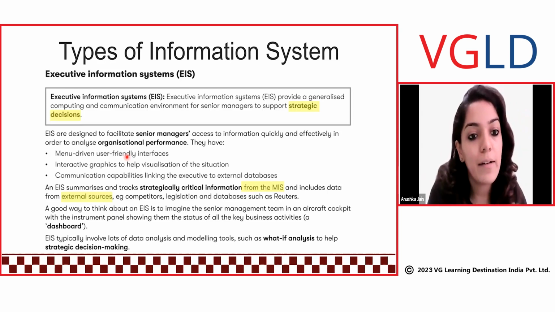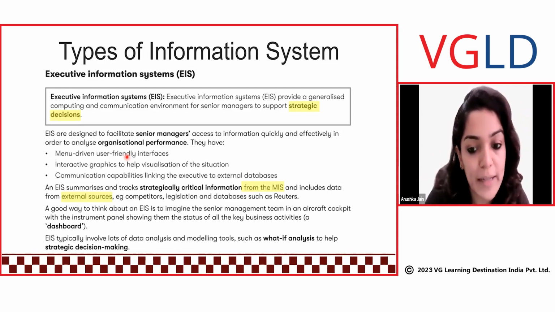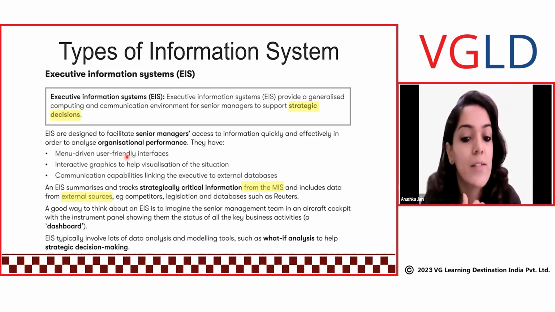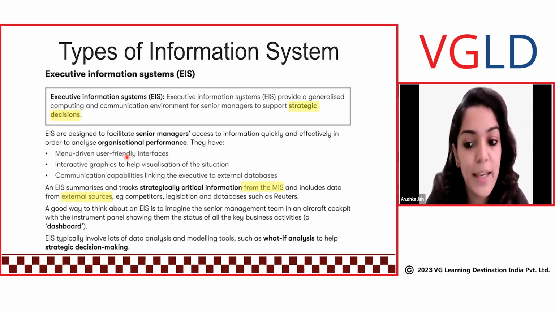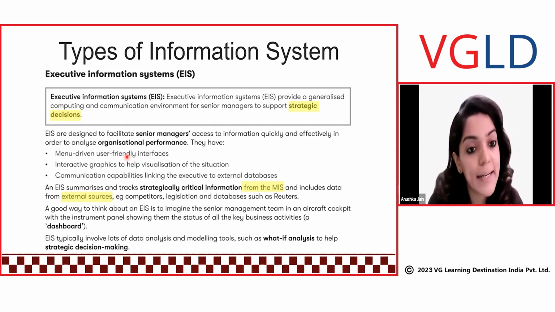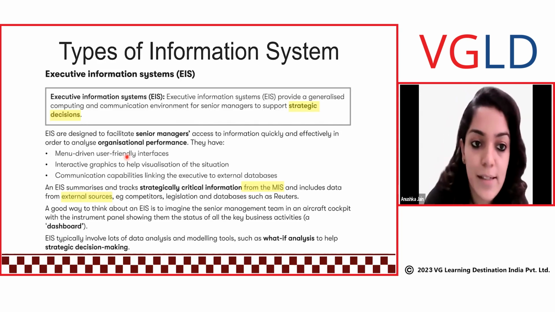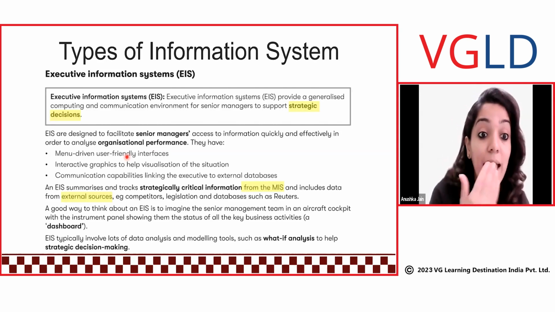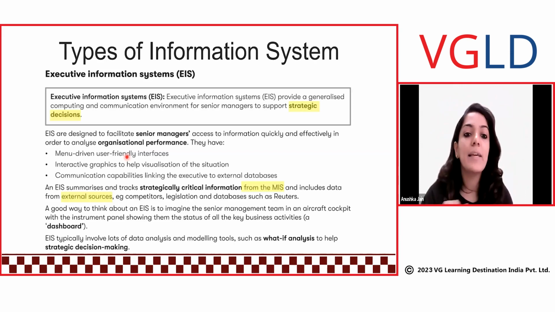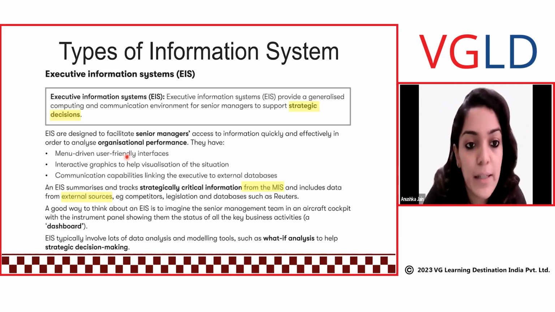They can take any action they want on the basis of it. The instrument panel shows them the status of all key business activities. The dashboards will be there, waterfall charts, bar diagrams. So it will be very data appealing.